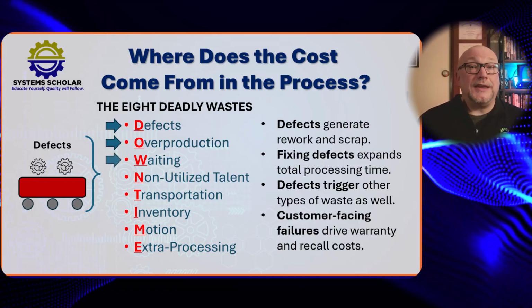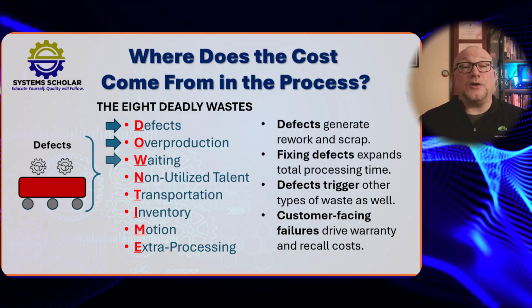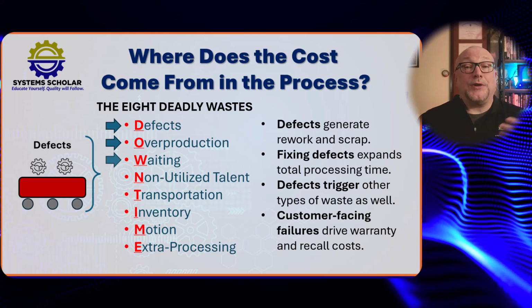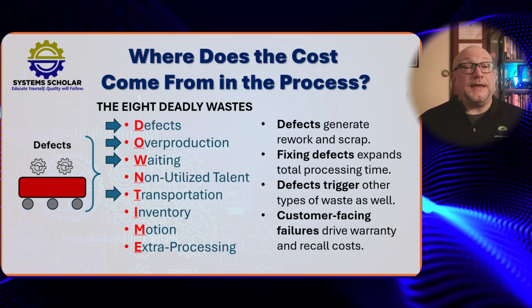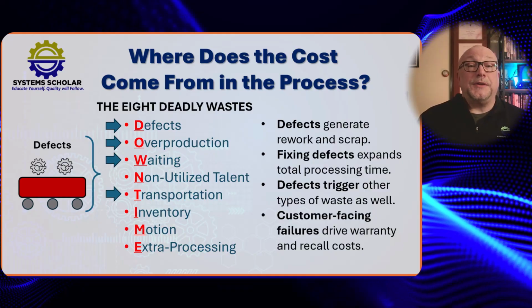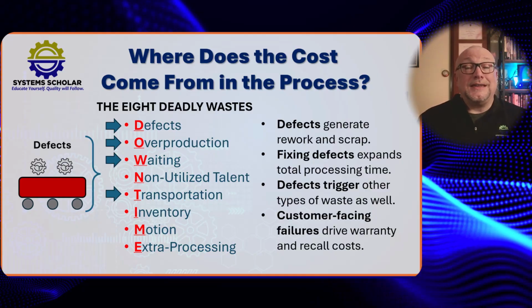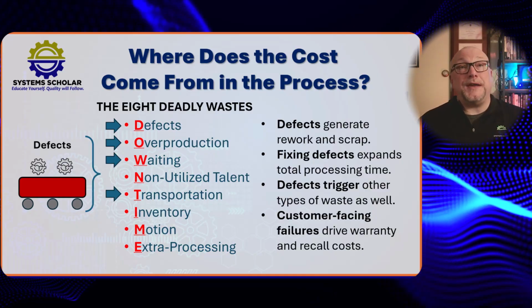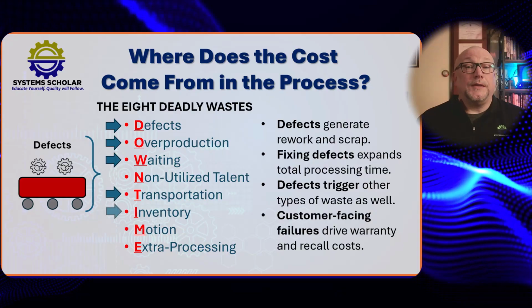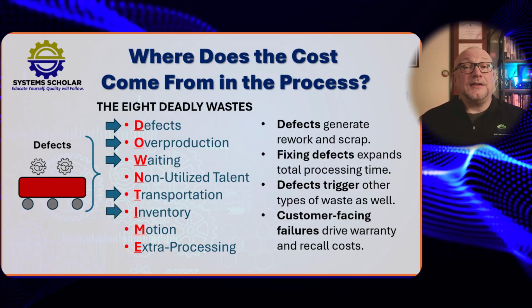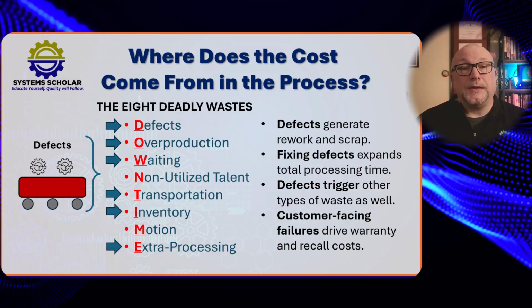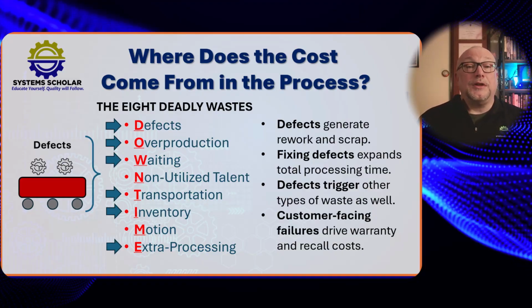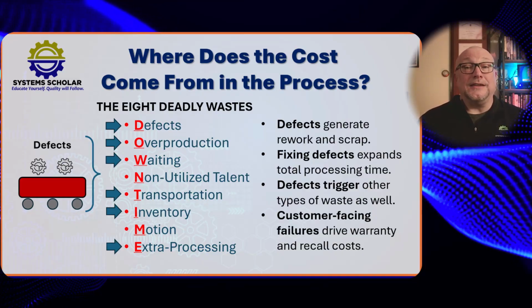They also create waiting, as processes are idled while problems need to be diagnosed and resolved. They increase transportation because defective material has to be moved for repair or containment. They inflate inventory as suspect or rework stock begins to accumulate. And they also increase motion through additional handling and inspection.